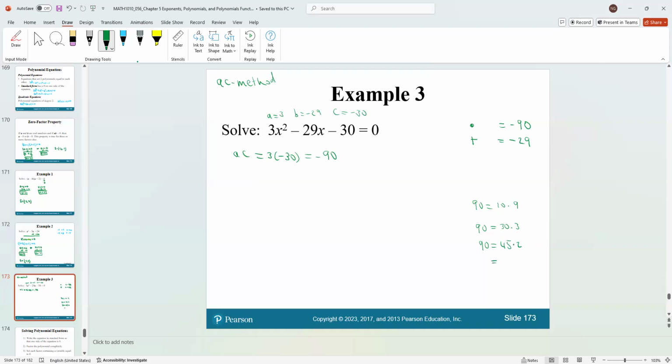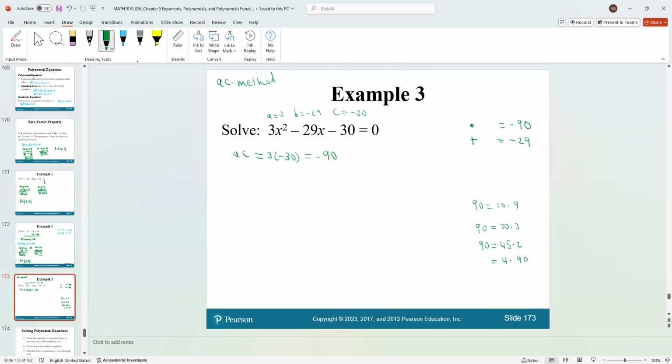Do you have 4 times something? 4 times 18 gives you 90. Okay. So it would not be simple for this one to find two numbers for the AC method.